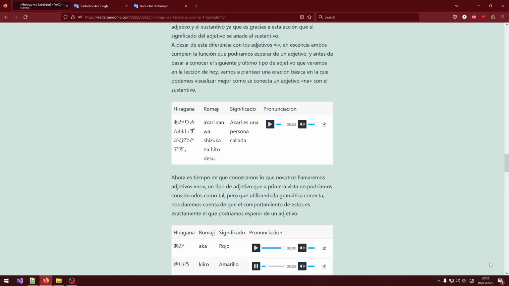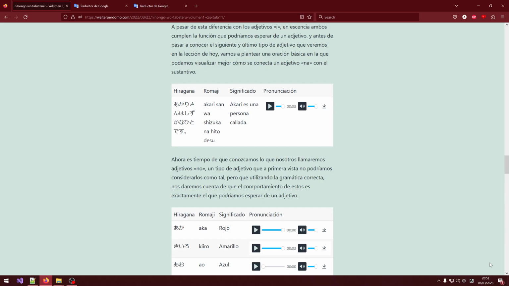Kiro, 黄色, this is yellow. Ao, 青. Now you can see that the only difference between this and the i versions is we don't have the i in this case. Ao, aka, akai, kiroi, and that's it.